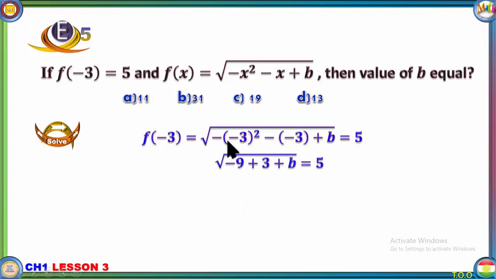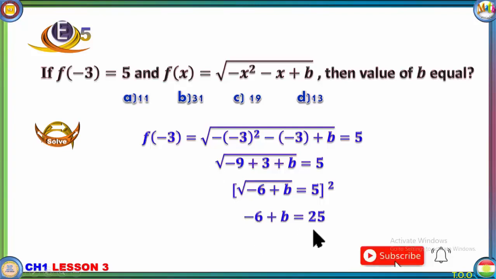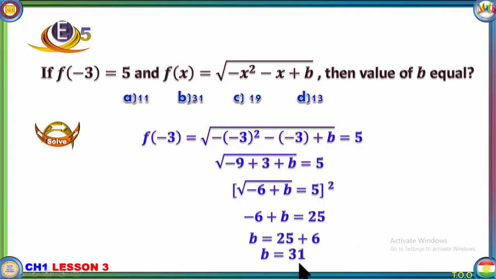Then minus 3 squared is minus 9, plus 3 plus b. Minus 9 plus 3 is minus 6. Then squaring both sides, it becomes minus 6 plus b is equal to 25. Take minus 6 from left to right, then b is equal to 25 plus 6, b is equal to 31. Then B is the correct answer.